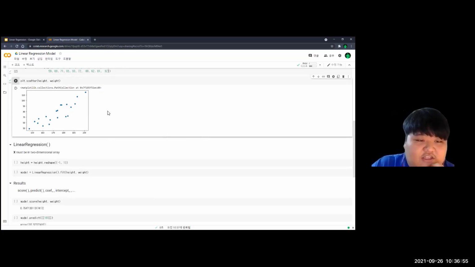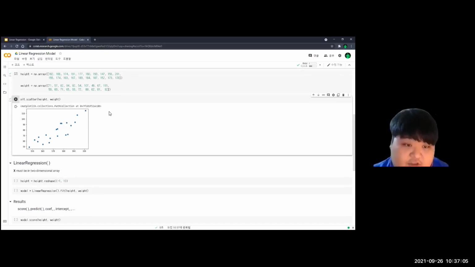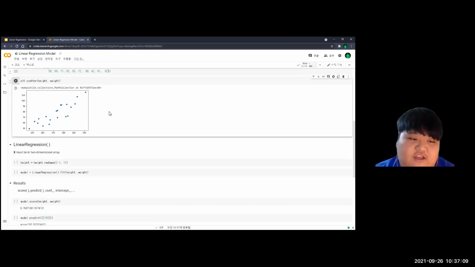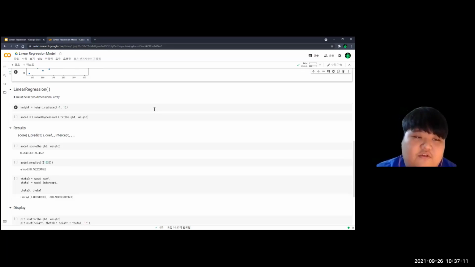Okay, so this looks like the scatter plot we saw in the slide, right? And this has a positive correlation, but without the regression line we had. So we're gonna use the linear regression model here, which we loaded from scikit-learn.